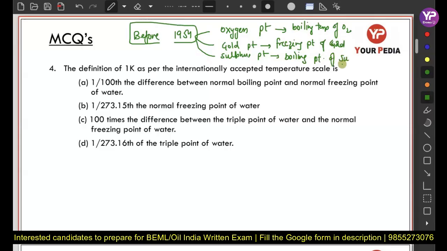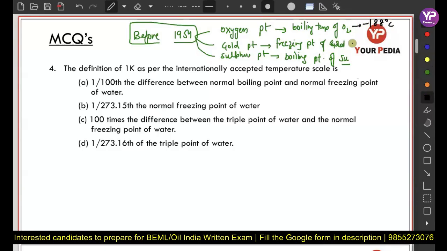So basically what we do here is take any two reference points to define the temperature scales. Basically it is used to calibrate a new temperature scale, or if you are creating your own new thermometer. Now, what is the value of the oxygen point? It is around minus 188 degrees Celsius.